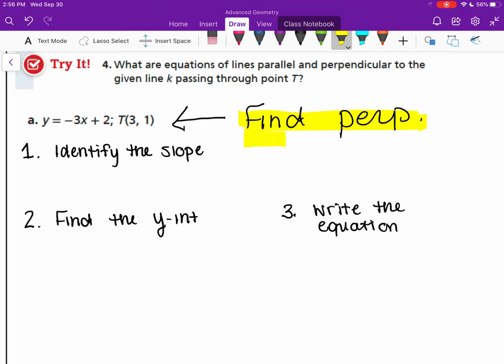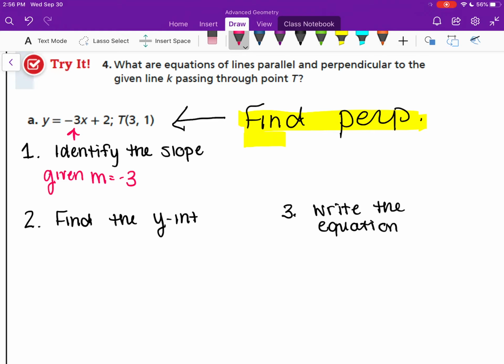They give us the equation y equals negative 3x plus 2, and we want to find the line perpendicular to that line that goes through the point T, located at 3, 1, when x is 3 and y is 1. So I'm going to first identify my given slope, and I was given that m equals negative 3, which I pulled from the slope-intercept form.